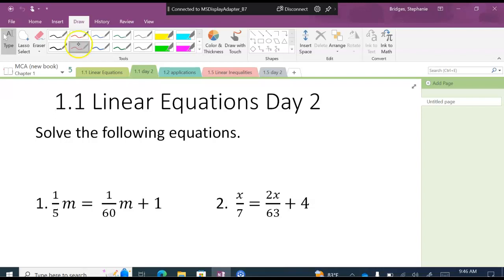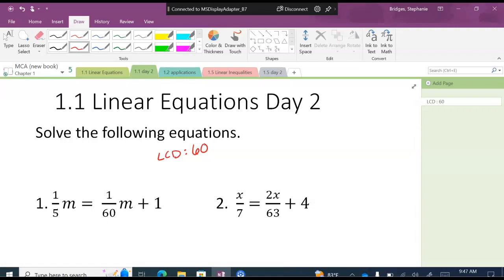I like to write it down, not necessarily so much for these, but a little bit later with some more difficult ones, I like to write down what I'm using as my common denominator, and we're going to use 60, okay? That is the biggest denominator, and 5 divides into it evenly. And we're going to multiply every piece of this equation by that 60.